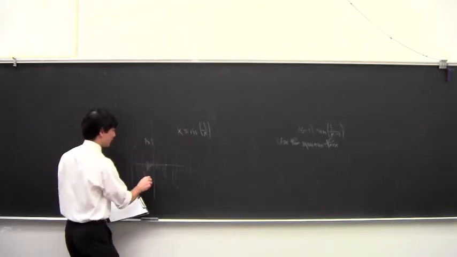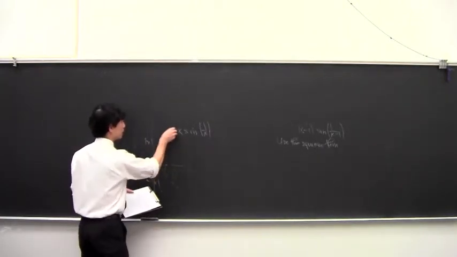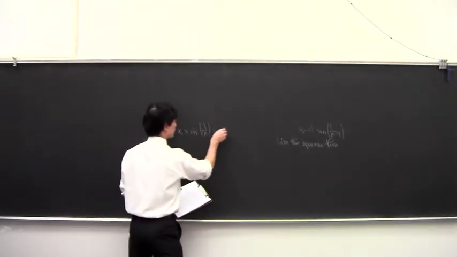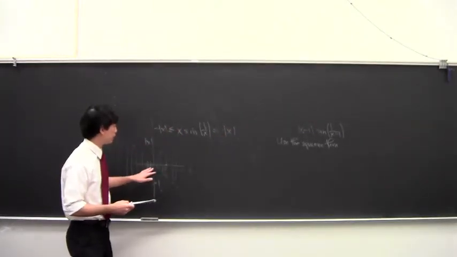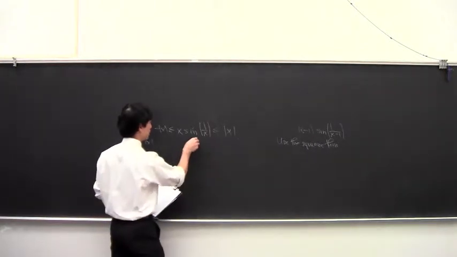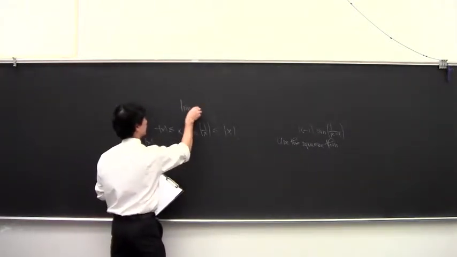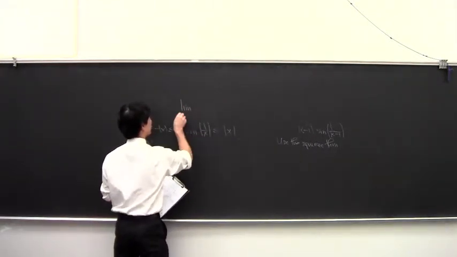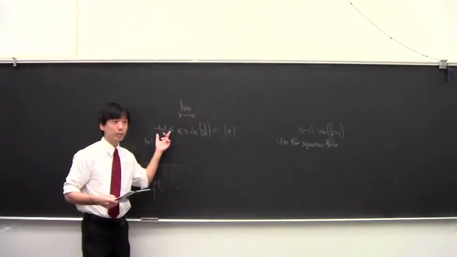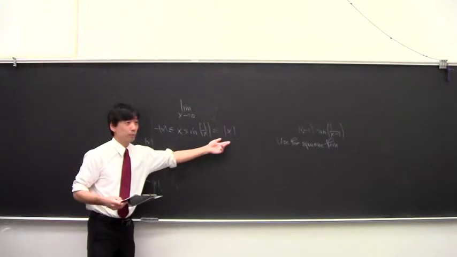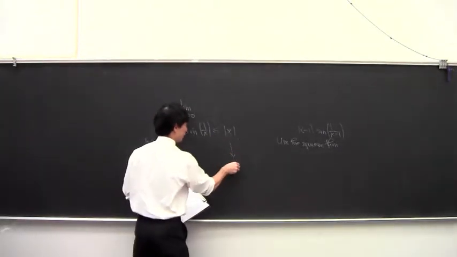Absolute value of x and negative absolute value of x, right? We said that this is controlled below by this and controlled above by this. The question was, what's the limit as x goes to 0 of this thing? Use the squeeze theorem on it. The one above goes to 0.